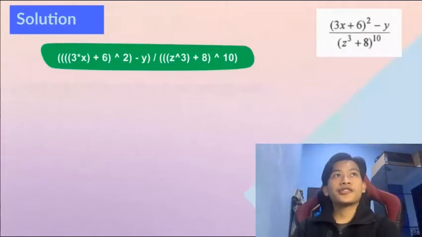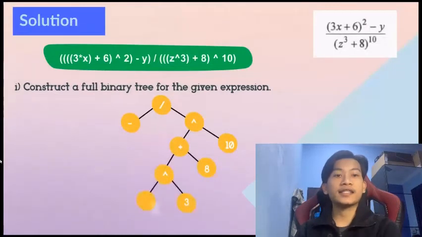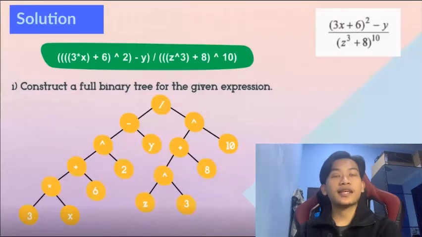We need to choose the root of the tree, which is the main operation of the equation. The root node will be filled with the divide symbol and it has 2 children. The left node is the subtract symbol and the right node is the power symbol.